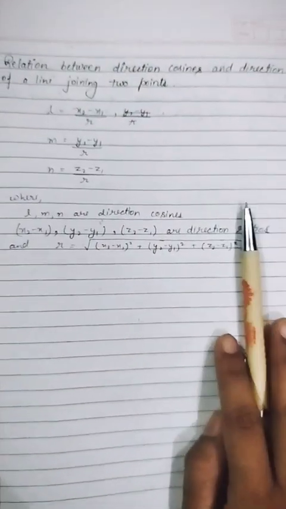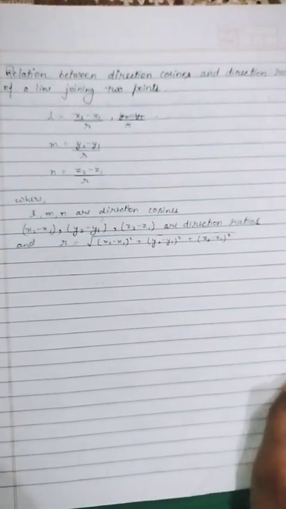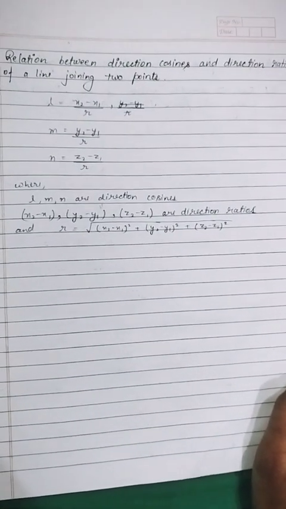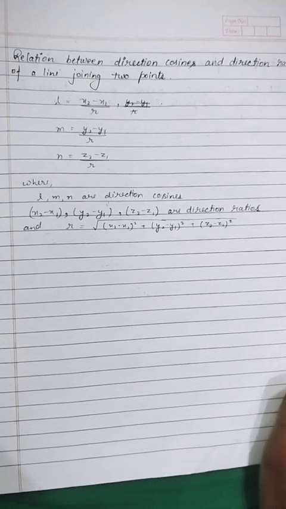So now we are going to see the relation between direction cosines and direction ratios of a line joining 2 points.